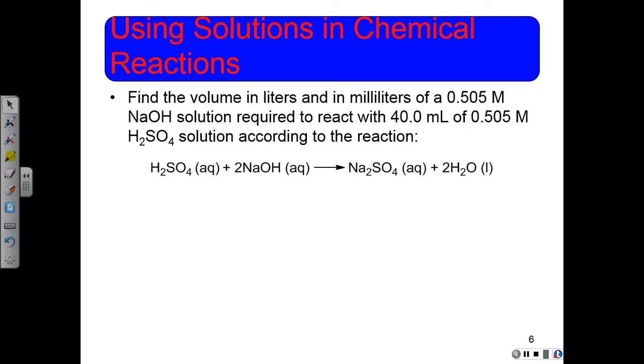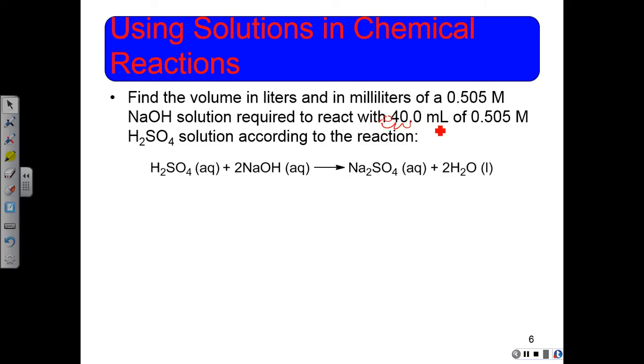Okay. We know we have 40 milliliters of 0.505 molarity sulfuric acid. So we know two things about our sulfuric acid. We can do this in milliliters or liters, but we'll do it in liters first. So let's move our decimal.